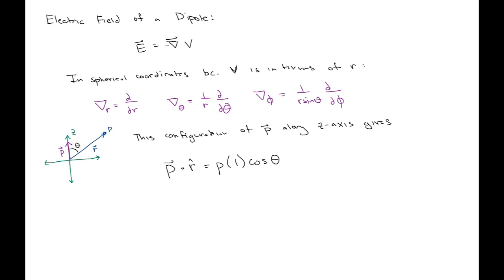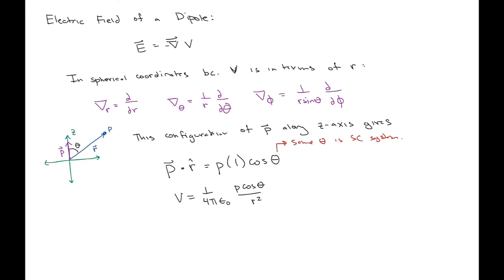It would always be times the cosine of the angle between them, but this one's particularly useful because if I align it the way that I did, this is the same theta as in our spherical coordinate system. So that makes it handy. All right, so if I do that, then I can write the potential now as 1 over 4 pi epsilon naught, p cosine theta divided by r squared.